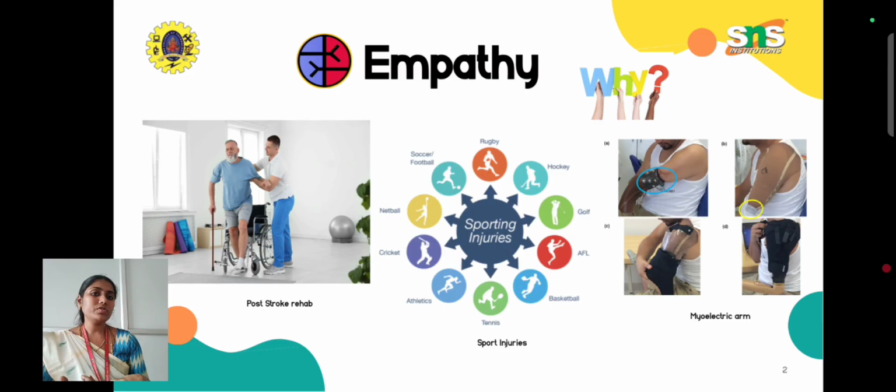For example, post stroke people suffer from paralysis, either whole or partial. In such cases, the physiotherapist will do some kind of physiotherapy treatment. They need to follow up the progress of their treatment with the help of EMG activity.